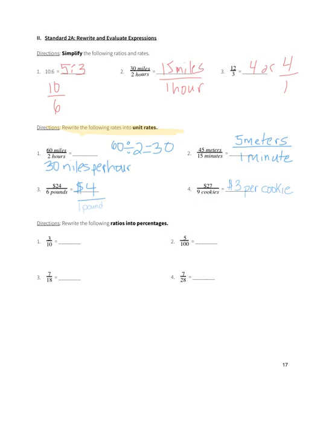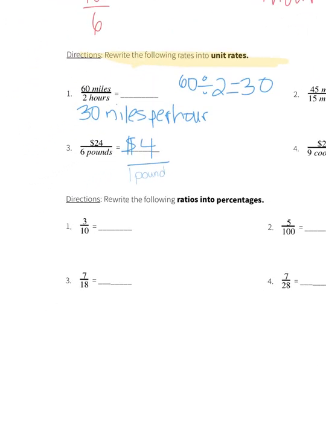All right, so the next thing you're going to do is rewrite the following ratios into percentages. And I will go ahead and do this first one for you. We have 3/10. Remember, to turn a fraction into a percent, the first thing we do is divide our numerator by our denominator.